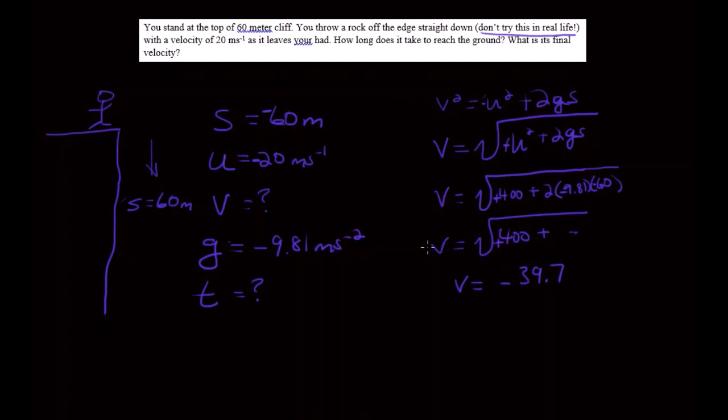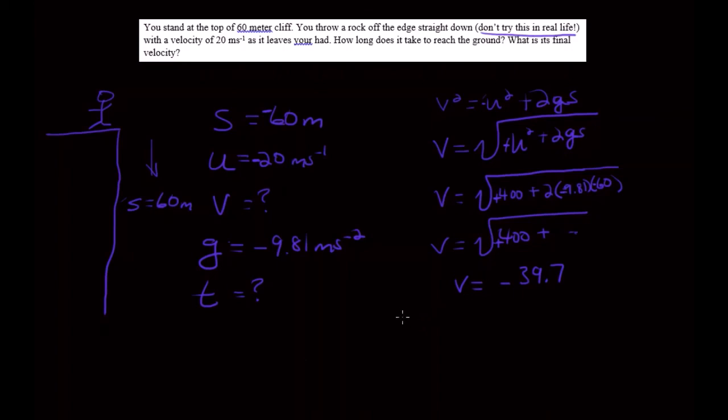You have to do that. You have to be aware of your circumstances and realize that anything going down is going to be negative. The acceleration may be in the opposite direction, going up, so your rocket and you're accelerating up, or whatever. But in this case, velocity is negative 39.7 because it's going down.